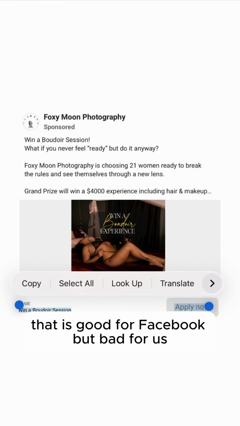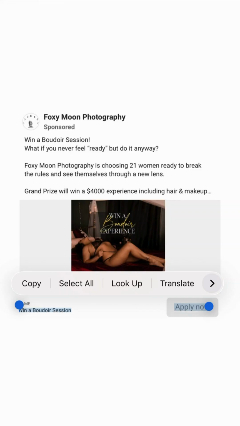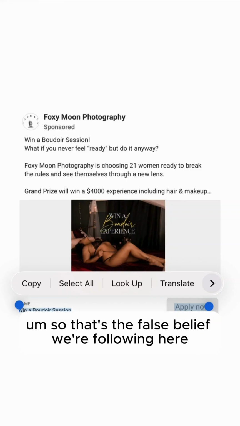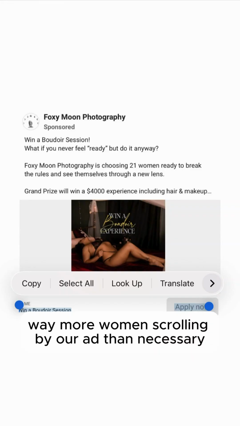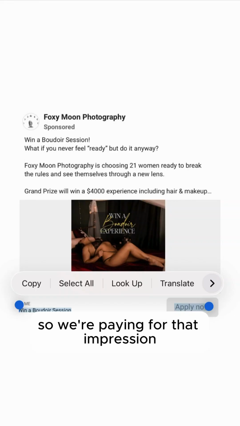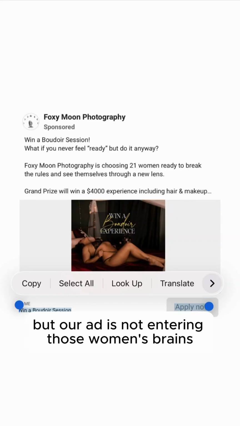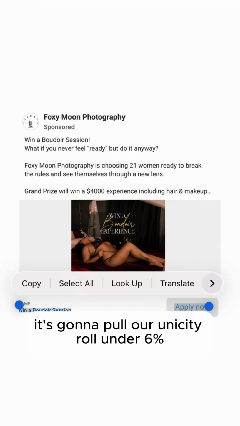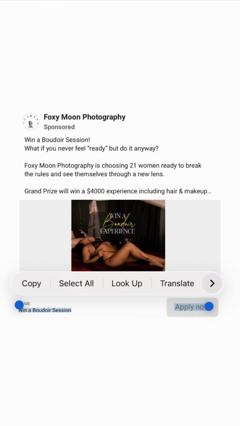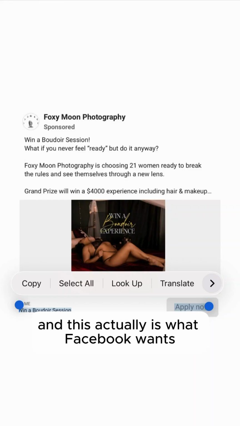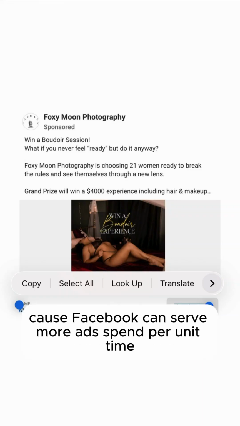That is good for Facebook, but bad for us. So it's the false belief we're following here. And the consequence of this, way more women scrolling by our ad than necessary. So we're paying for that impression, but our ad is not entering those women's brains. It's going to pull our unique CTR under 6%, higher chance of causing BLCS. And this actually is what Facebook wants because Facebook can serve more ad spend per unit time.